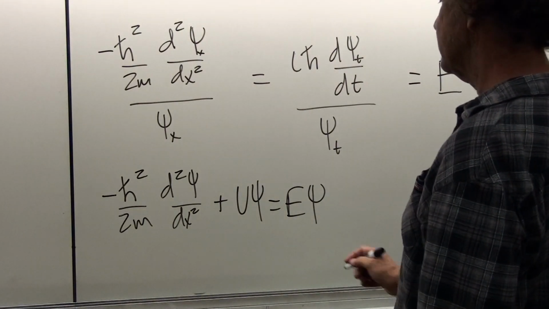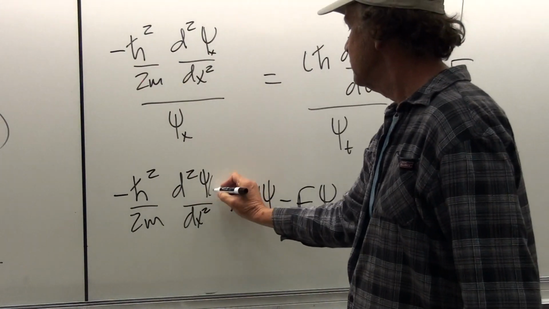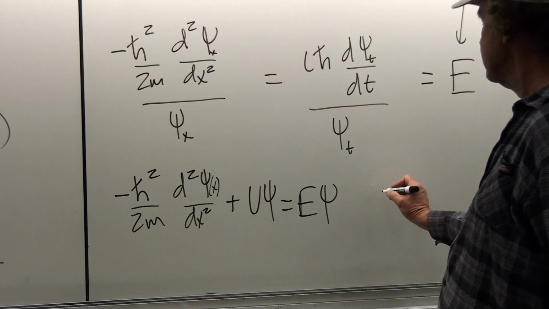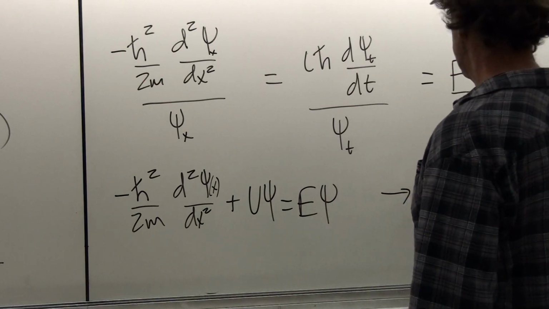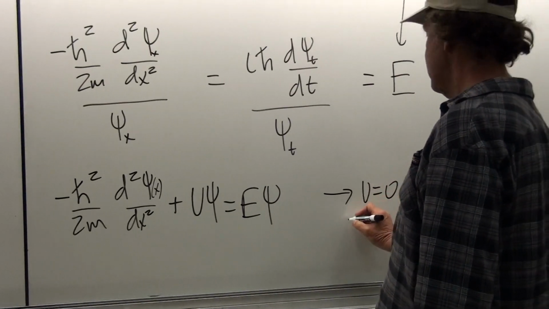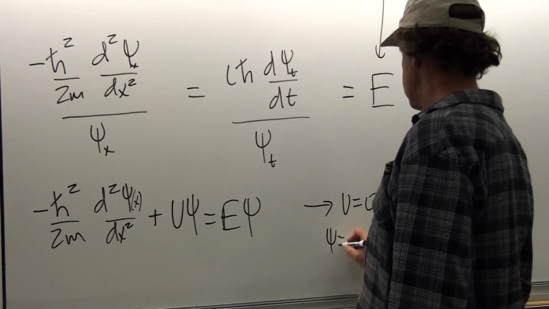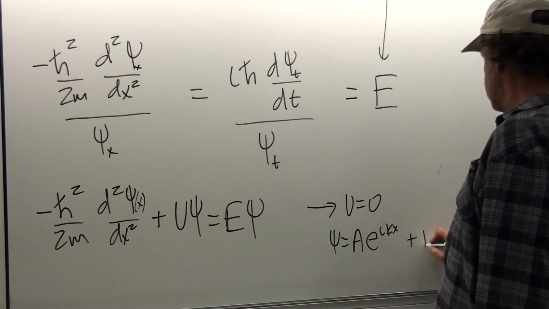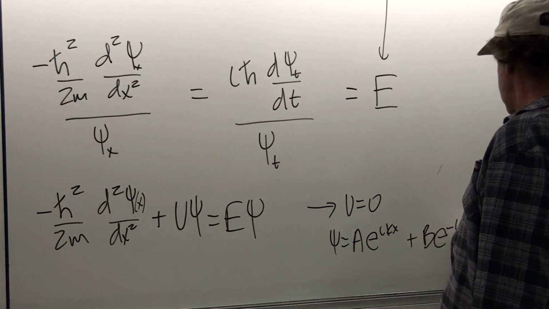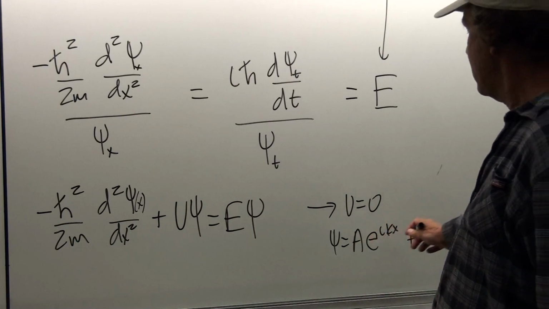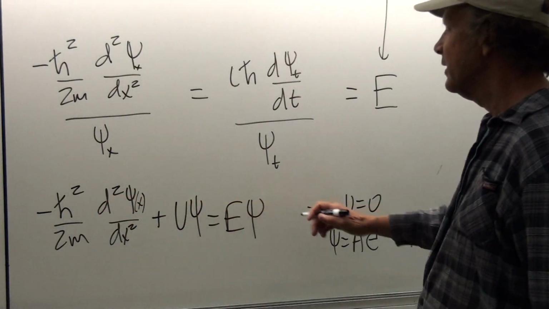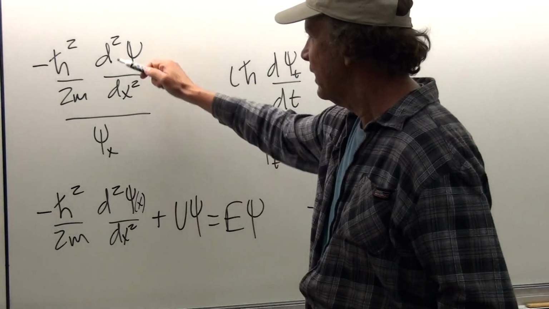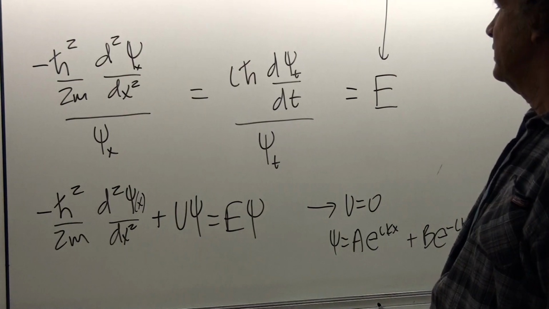And this is just the solution to our x part of the wave function. This is what gave rise to our solutions before for a free particle when U is equal to 0, that looked like psi equals A e to the i kx plus B e to the minus i kx, because what we were solving here was just the x dependence of psi.